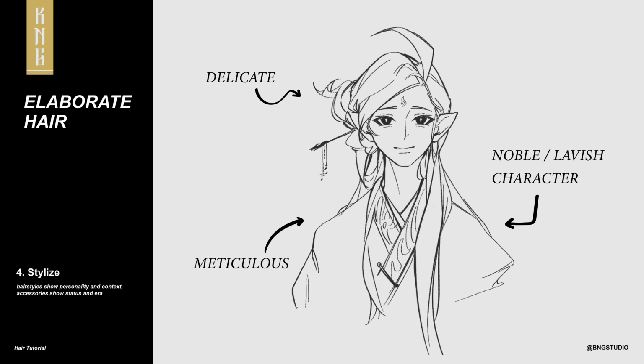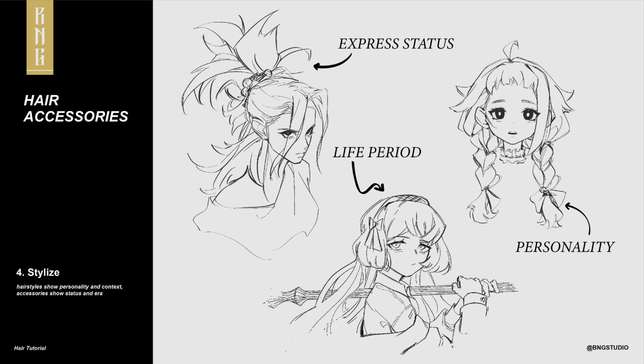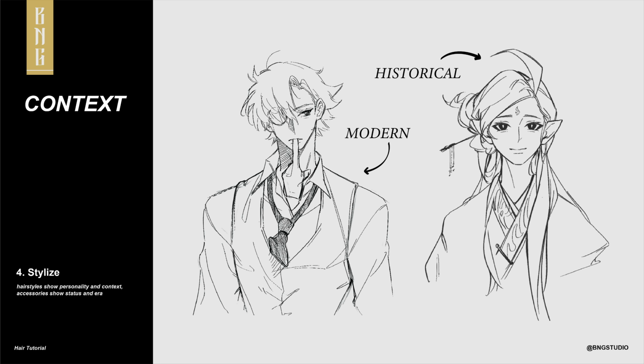Elaborate hair is meticulous, delicate, suitable for noble or lavish characters. Simple hair is casual, friendly, or busy, not focusing on appearance. Hair accessories, bells, clips, or crowns express status, personality, and life period. Context: hairstyles and accessories help define the time and area of the character, from classic to modern.